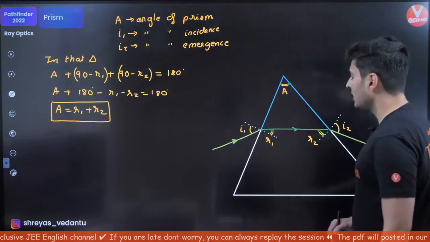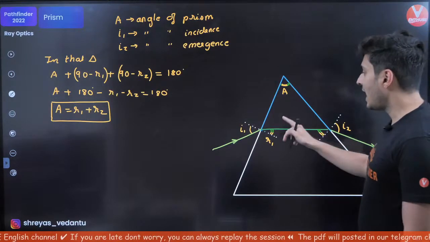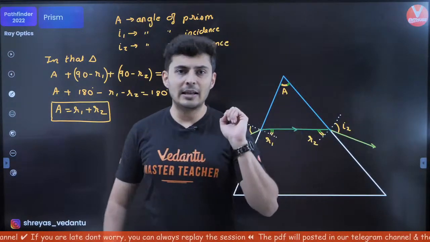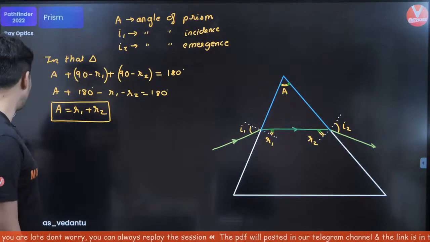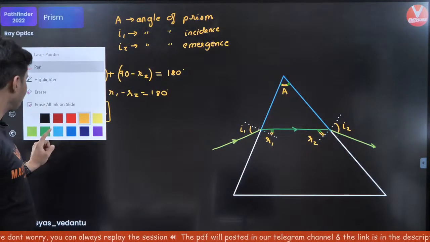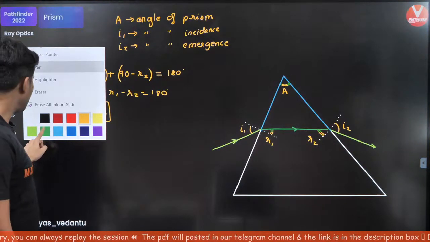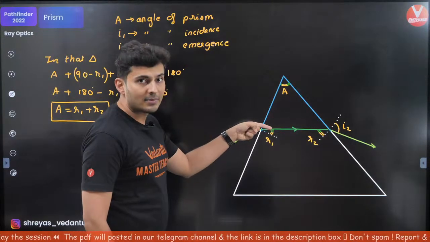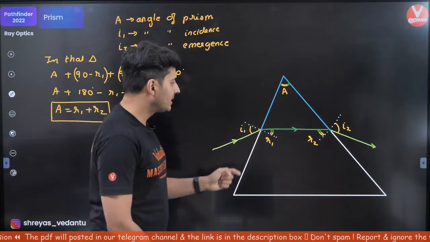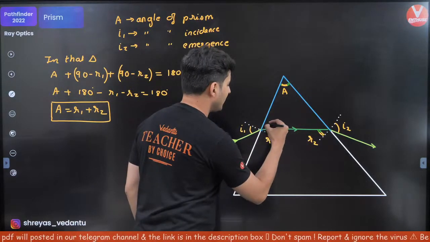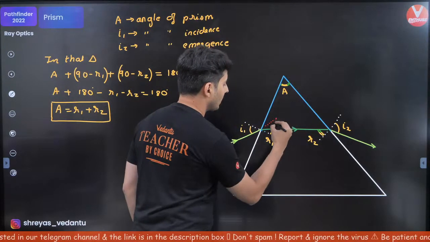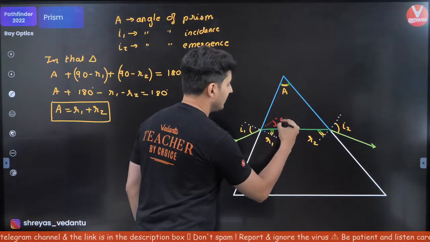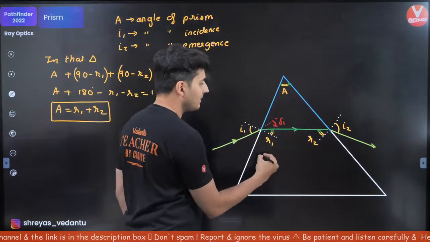Now, the next thing that you need to remember is the angle of deviation. How do I calculate the angle of deviation? Observe this now. Over here, the light deviates by some angle, and I can see that very easily right over here. Let's say delta 1. This is the angle of deviation here.